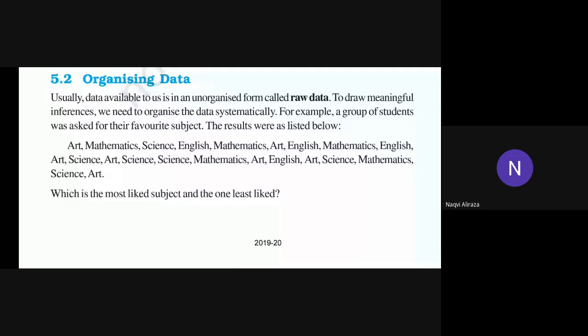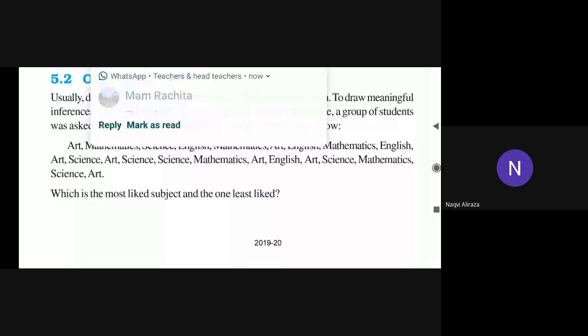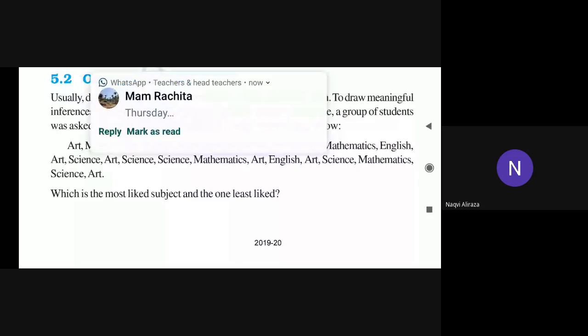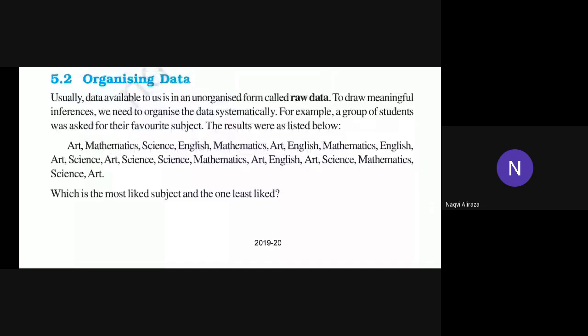For example, it is given that for some students: art, mathematics, science, English, mathematics, art, English, mathematics, English, art, science, science, mathematics, art, English, art, science, mathematics, science, and art. Here some data is given for which subject is favorite for the particular student. We are collecting this data.